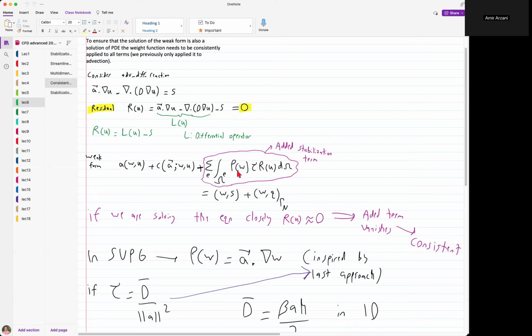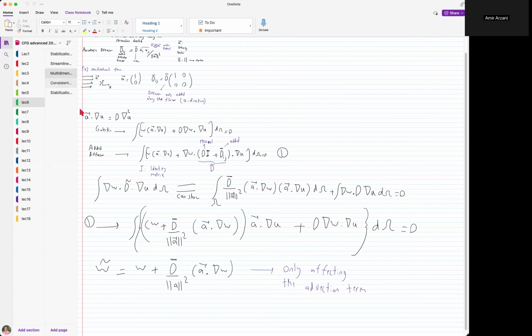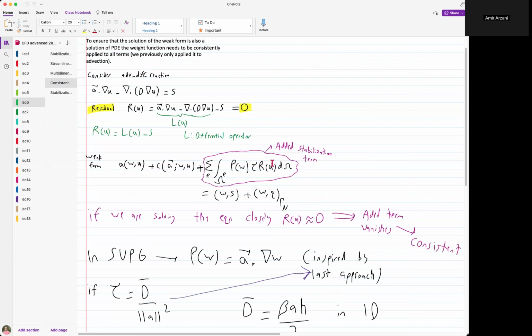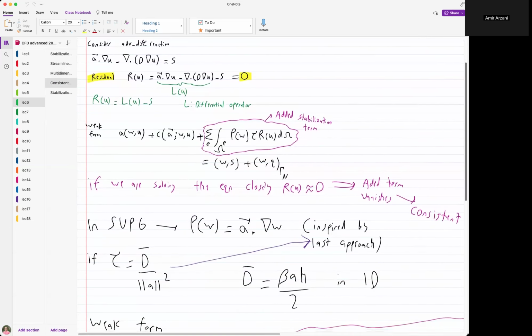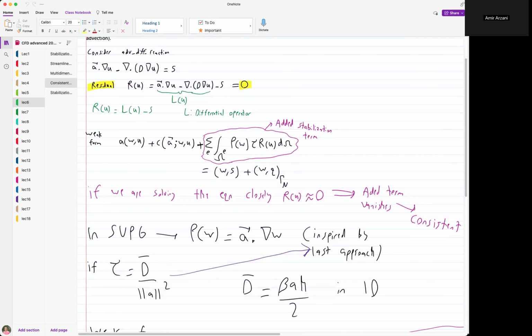So here I'm going to have A dot grad W, similar to what we derived in the last section. Tau is my free parameter, so tau has a similar role to D bar here. And then I have the residuals for consistency, all multiplied by 1. So if you want to be similar to the last approach, it's like you're choosing tau to be D bar over the norm of A squared.